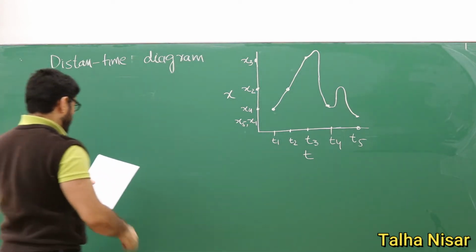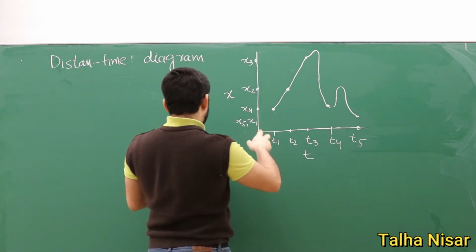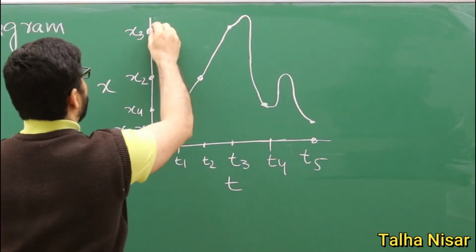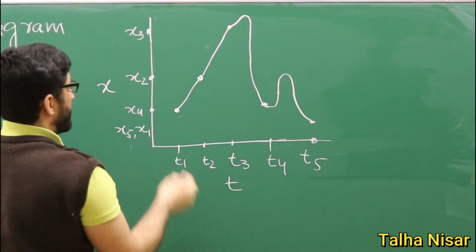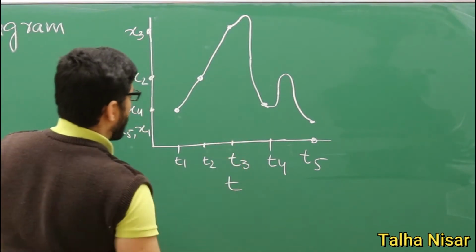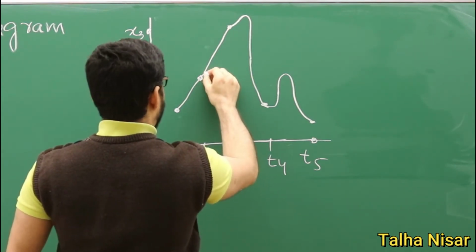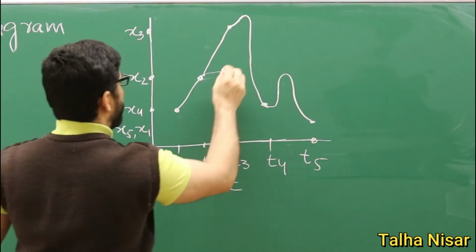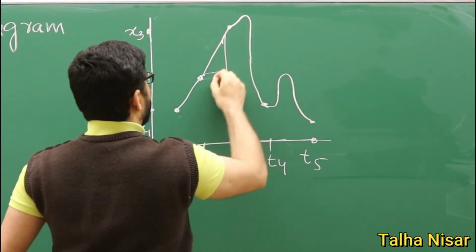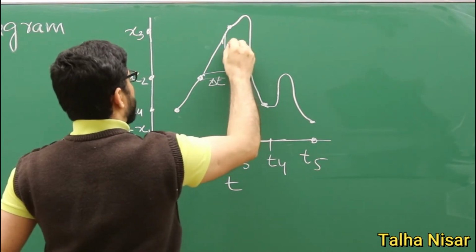Now for example, we want to know the average velocity between x3 and x2. We need to find this displacement here on the y-axis, and the time that it took. So this is the delta t, and then we have the delta x.